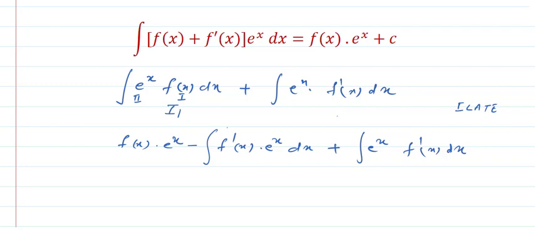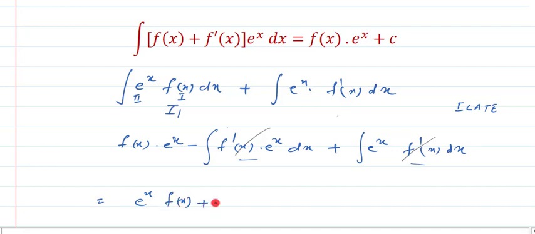What are you finding? You will find that these two parts are equal, e power x f dash x dx and e power x f dash x dx, with opposite signs. So these two will be cancelled out. So you are left only with this result, which is equal to e power x f(x) plus c.